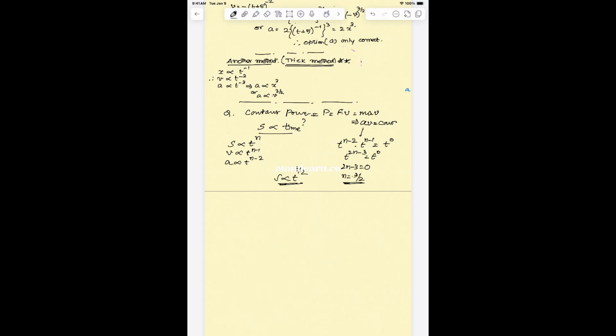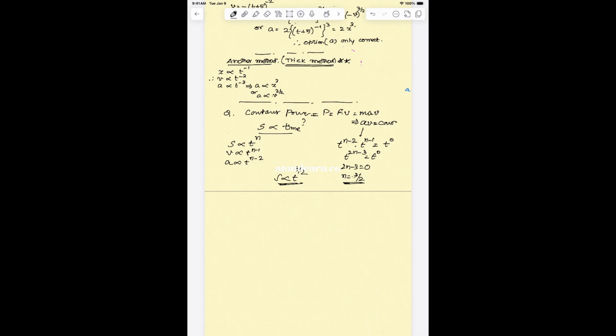Therefore, you have to use that only in the case when n becomes equal to 0 or 1. If it is 0, it means displacement is constant over time, meaning it is at rest, whereas the question of velocity becoming time power less by 1, etc., is not holding good. That is, time power minus 1 does not hold good.